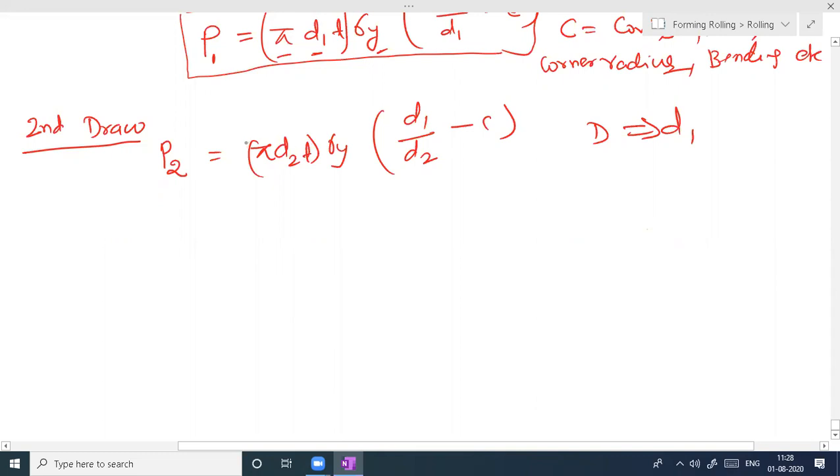So this blank diameter will change to d1, and this d2 is your cup diameter, inside cup diameter after second draw.